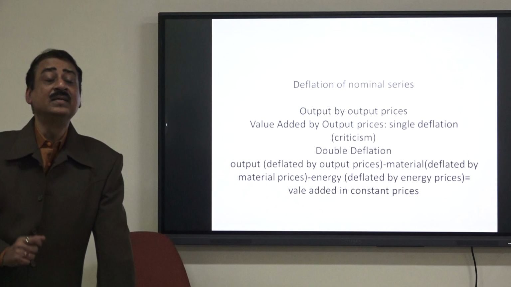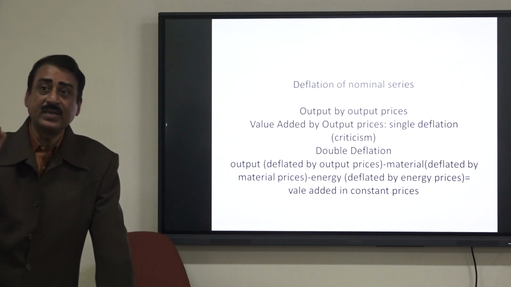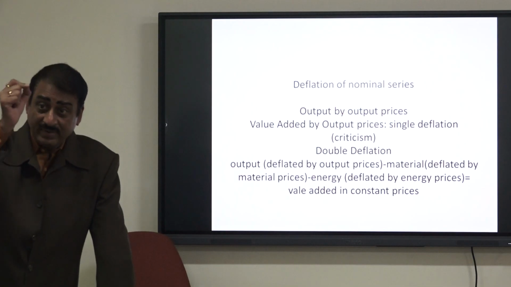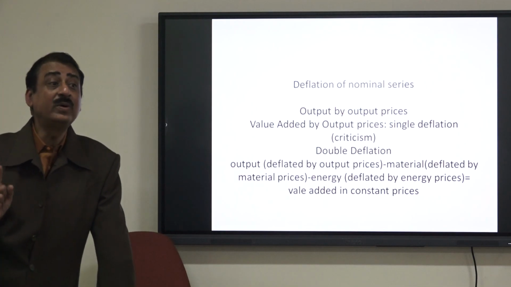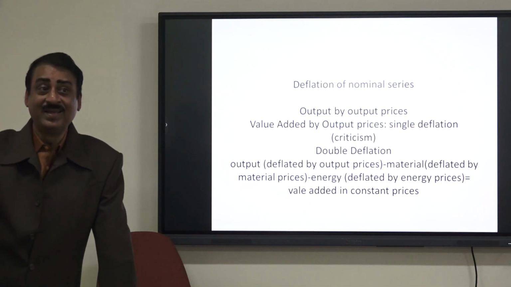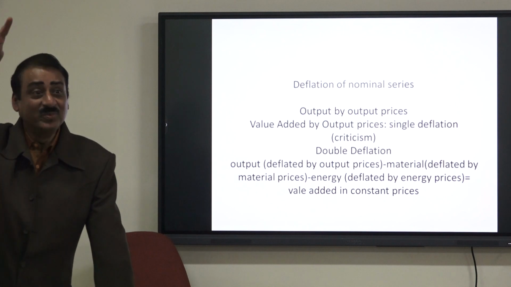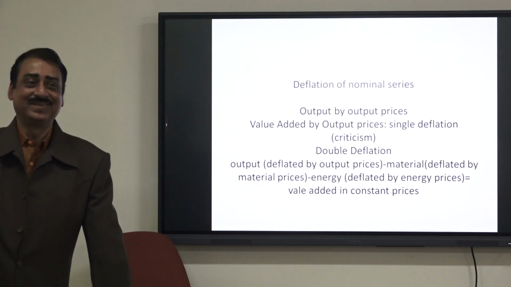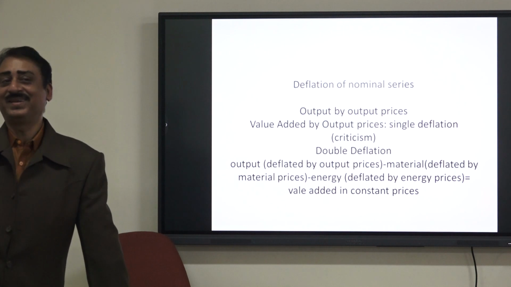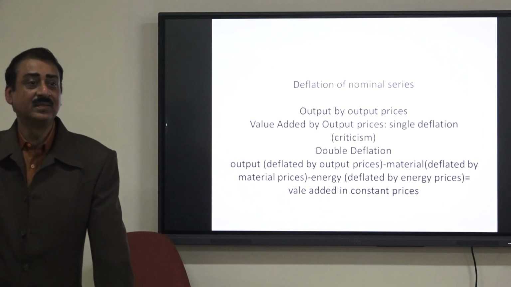In the sense, there is a strong assumption involved. It says that if you are considering the output price series to deflate the value added series, you are assuming that the material prices and the value added prices, they have moved at the same pace, which is not correct. Material prices might have moved at a different pace.